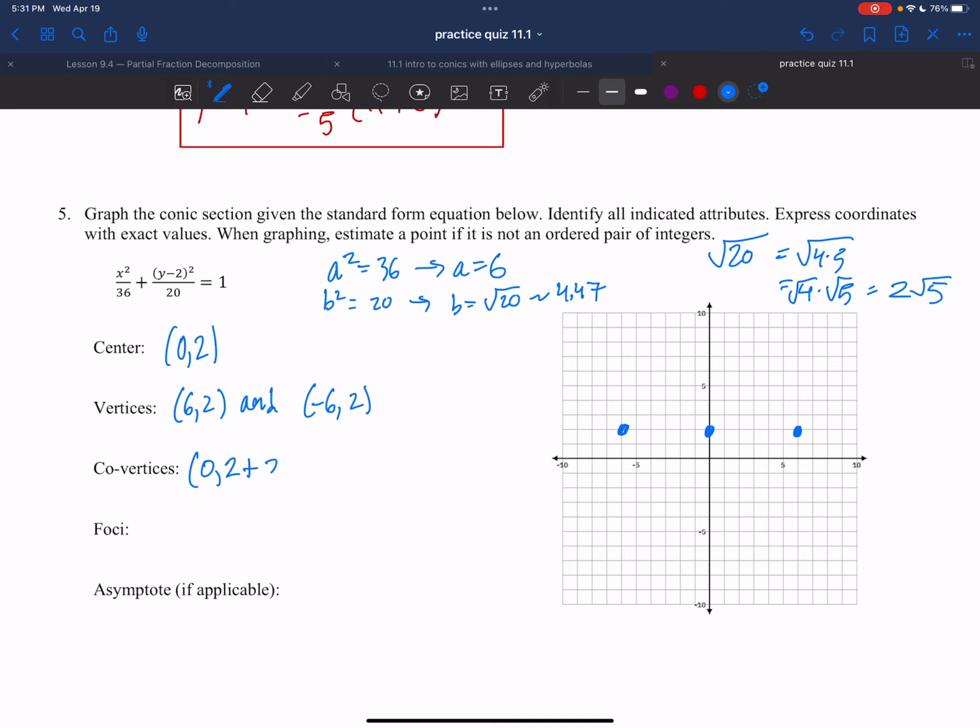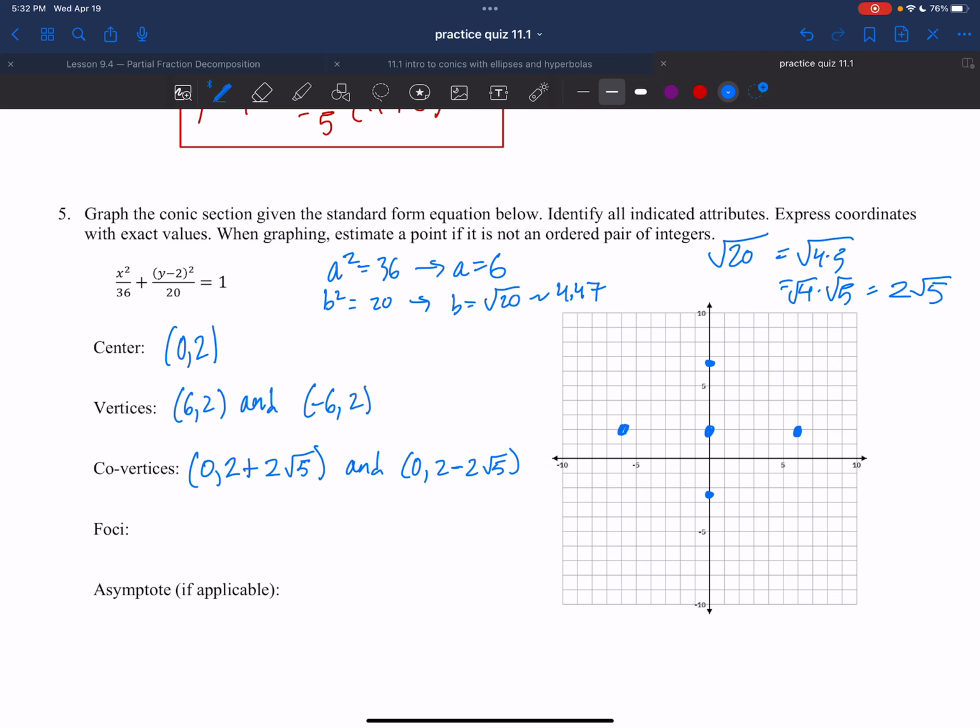So really you should be writing this as 2 plus 2 root 5, simplify that, and 0, comma, 2 minus 2 root 5. Okay? Don't get too hung up on that. So it goes up about 4.5. So 1, 2, 3, oh my gosh, miscounted. 1, 2, 3, 4.5. Down 1, 2, 3, 4.5.